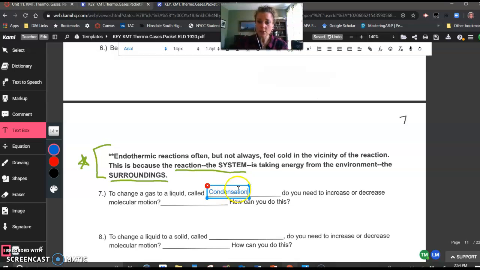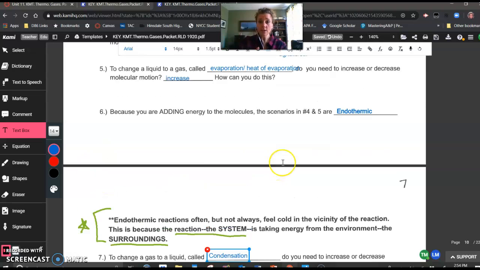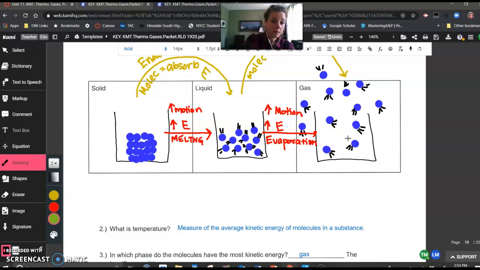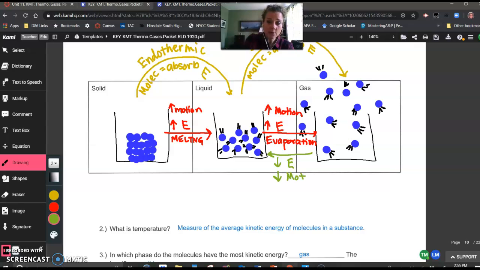Do we need to increase or decrease molecular motion? Well, now we're moving from a gas to a liquid. So the gas has, if we look back up here, 3 zoomies on each molecule, and my liquid only has 2. So to go in the opposite direction, from a gas to a liquid, we have to decrease the energy so we can decrease motion of our molecules, and this is called condensation.